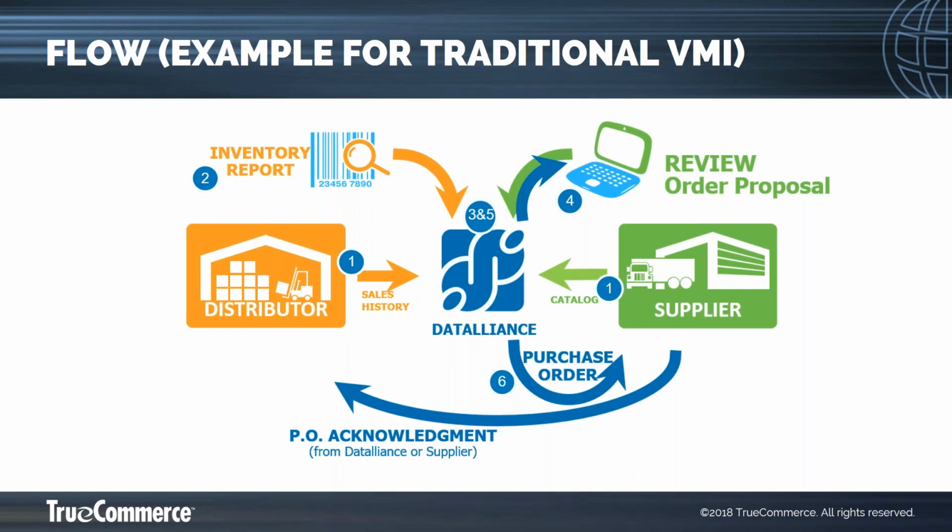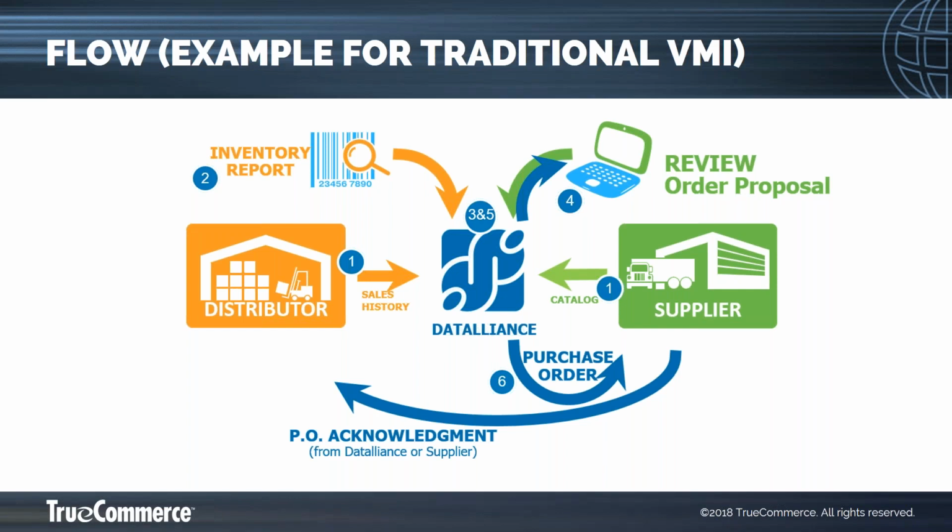Now, a little remark about the way we send those messages. Basically, this is the suggested order in this case, but we also see different processes. If you look at the title of the slides, we talk about the flow for traditional VMI.